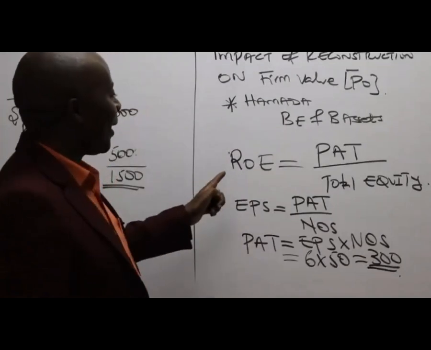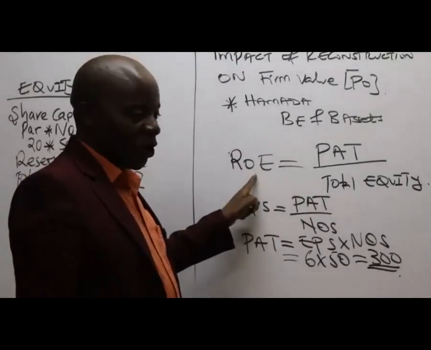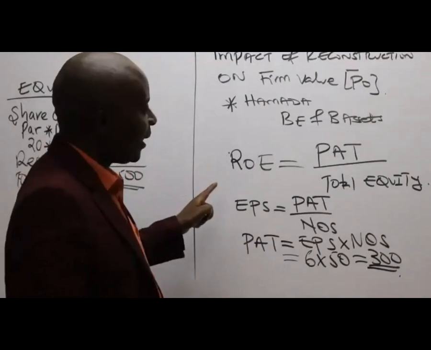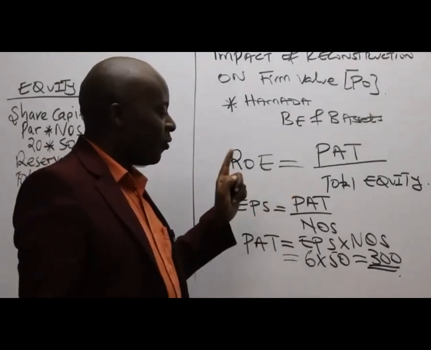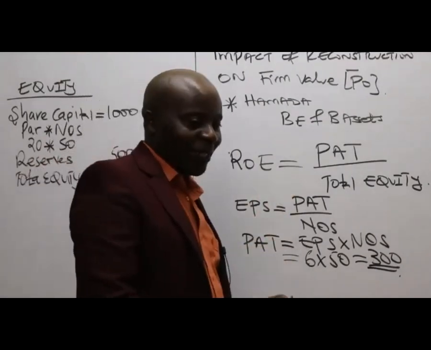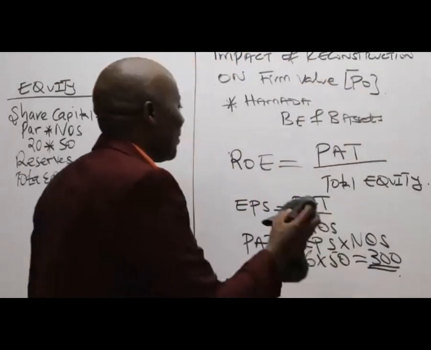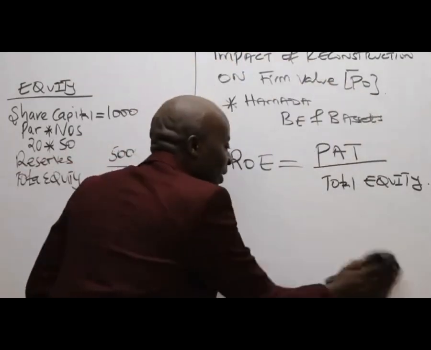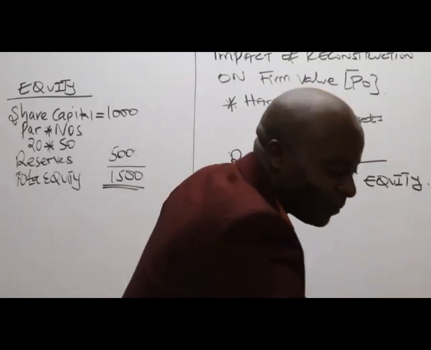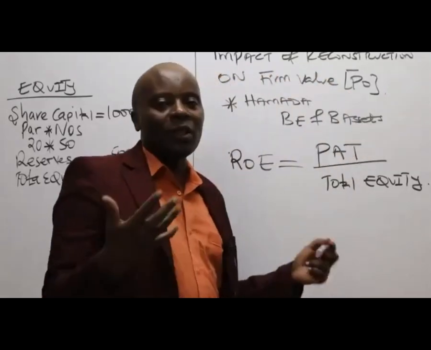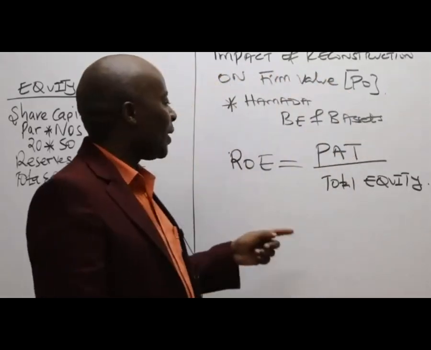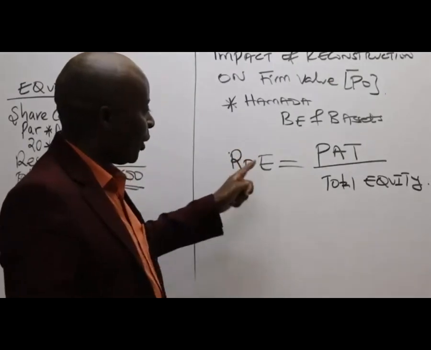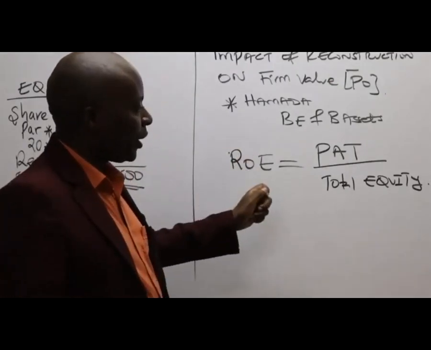So please come here and give us this return on equity. Return on equity, you've just told me it is profit after tax divided by total equity. I told you this is quite a tough one, but fortunately, the moment you understand it, everything will become very easy. So we are taking here return on equity. What equity is able to generate is this.